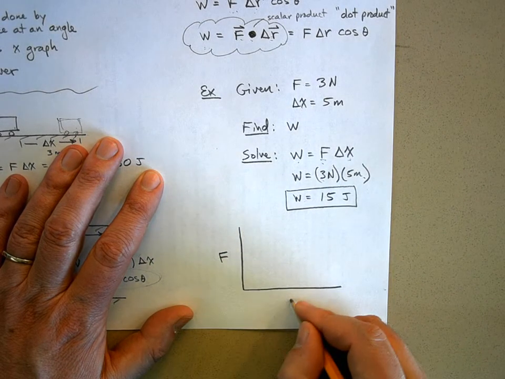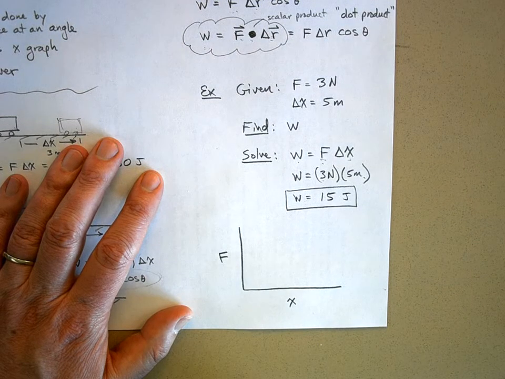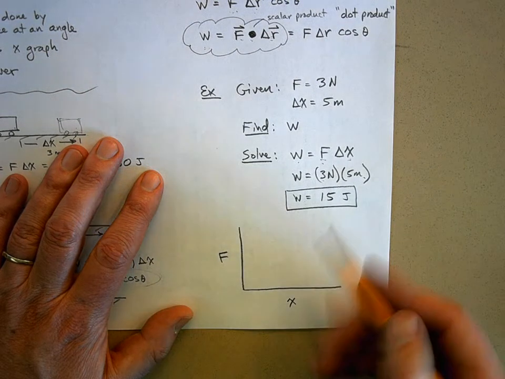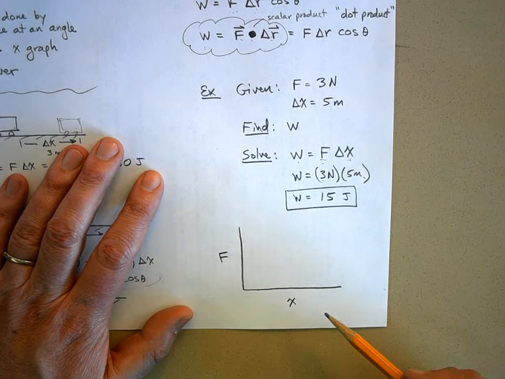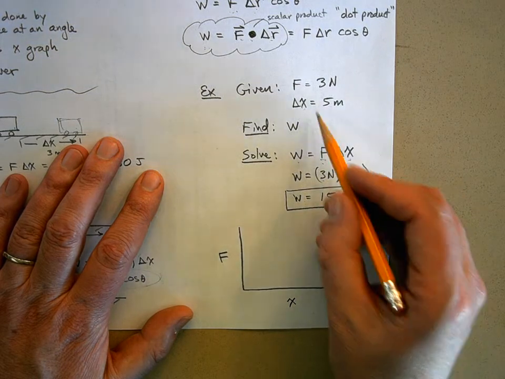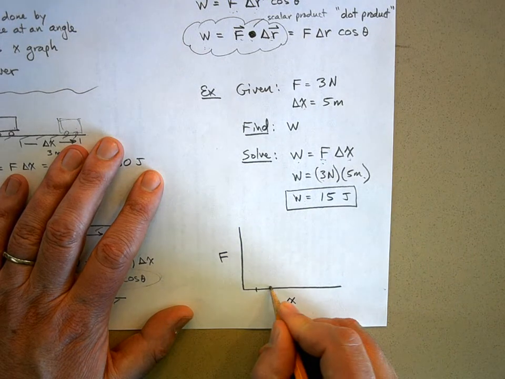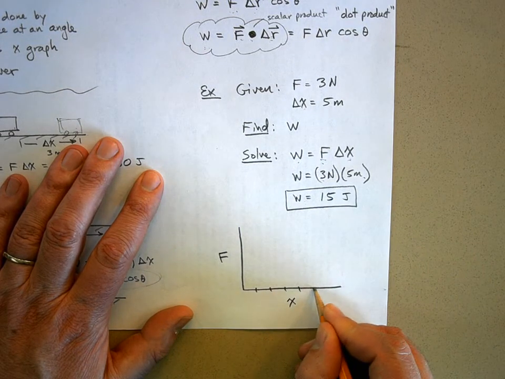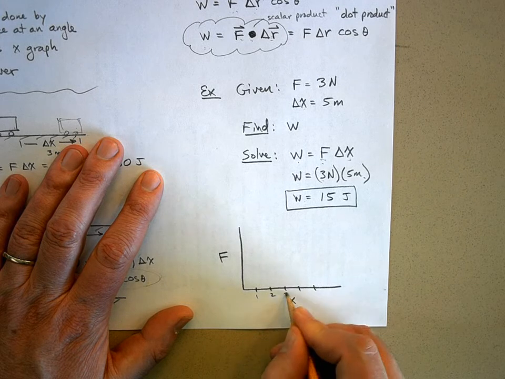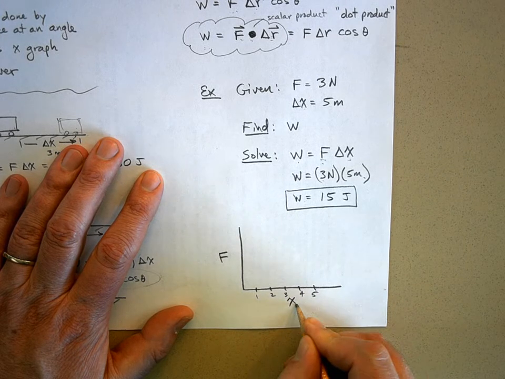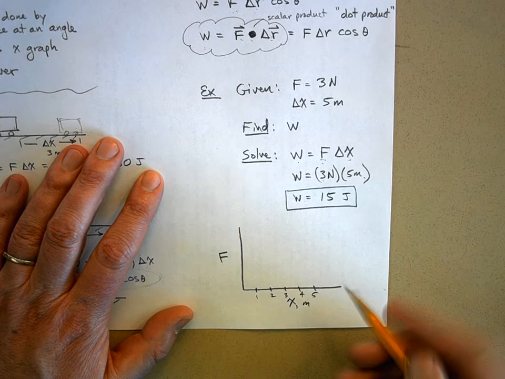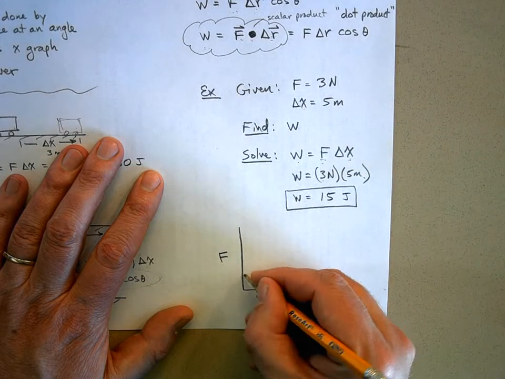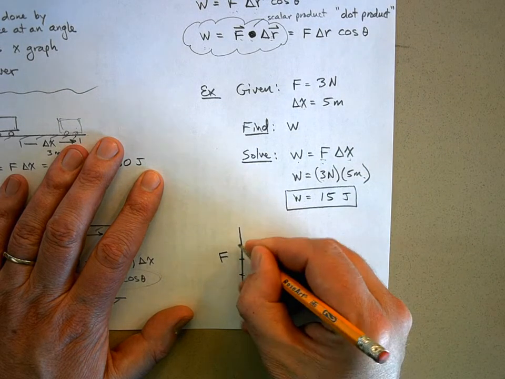Force, position. Let's just say that our initial position was 0. And we're going to go 5 meters. 1, 2, 3, 4, 5. And this is position in meters. And what's our force? 3 newtons. So we'll go 1, 2, 3 newtons.